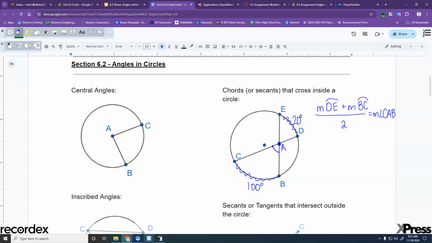So if we're wanting to find this angle right here, the measure of angle CAB would be 100 plus 20 divided by 2, which would give us 60 degrees. Okay, questions so far?